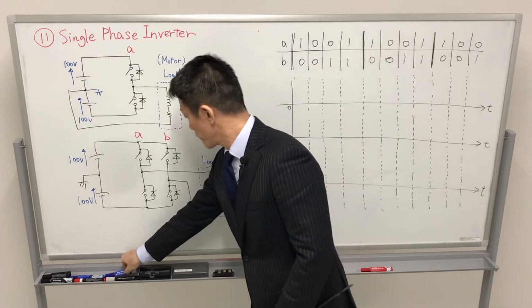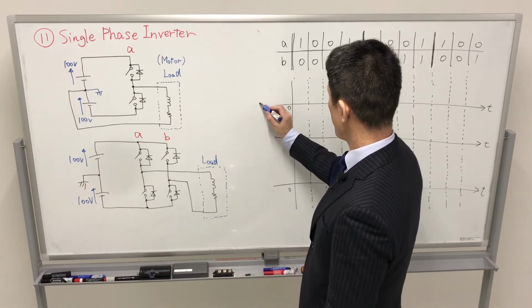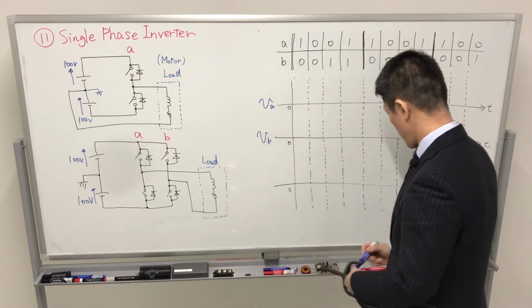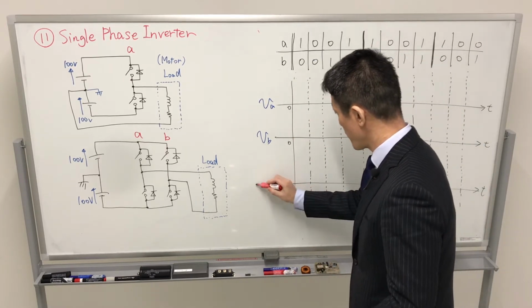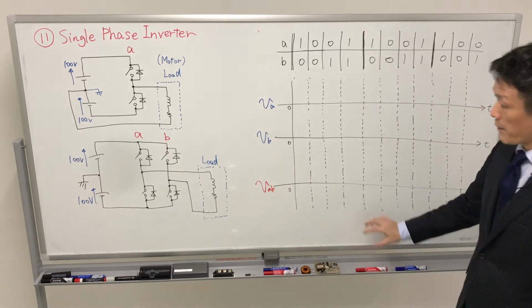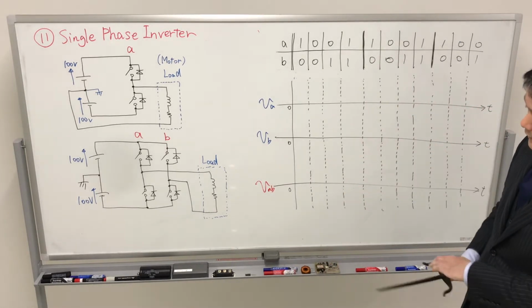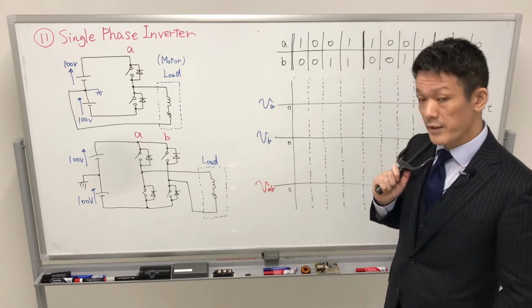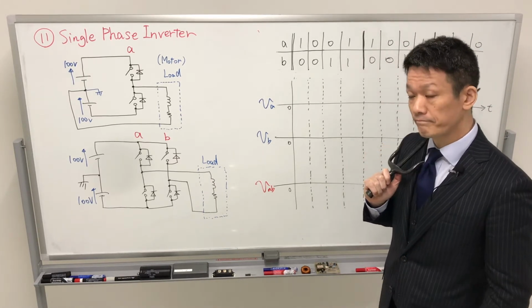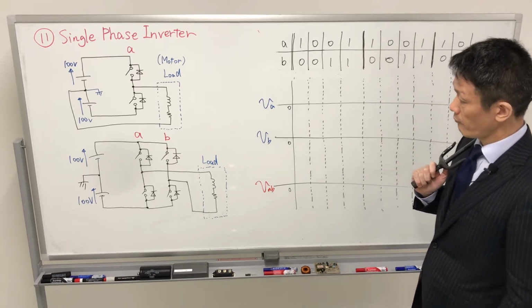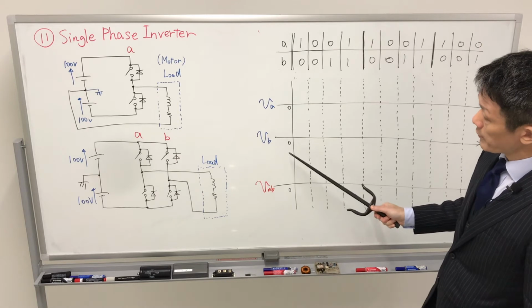We discuss the VA, VB, and VAB. Please illustrate each voltage waveform. Okay. Do you understand the VA and VB?